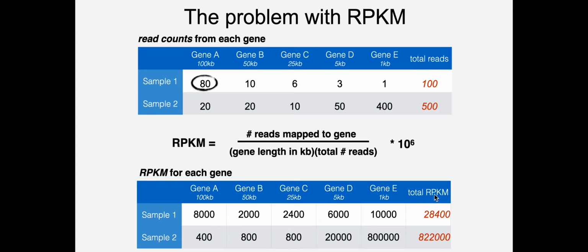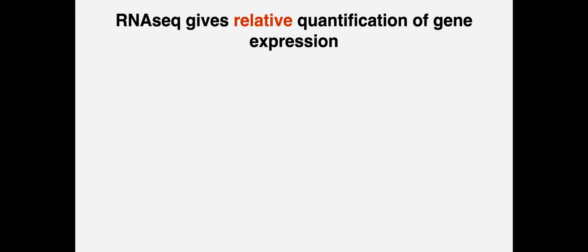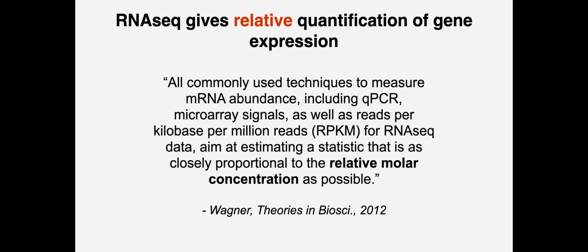We can see our total RPKM here, 28,000, versus in sample 2, 822,000. So remember what I told you, RNA-seq is supposed to give us a relative quantification of each gene's expression, and it should be as closely proportional as possible to the relative molar concentration.